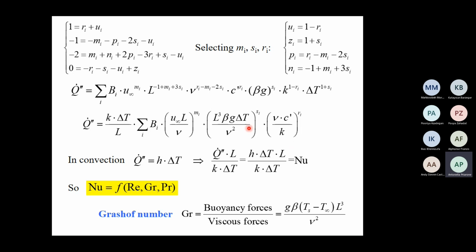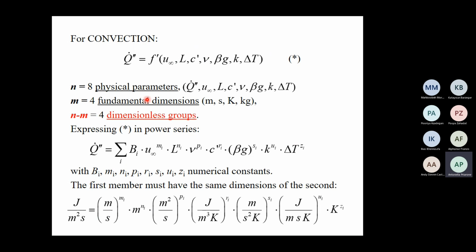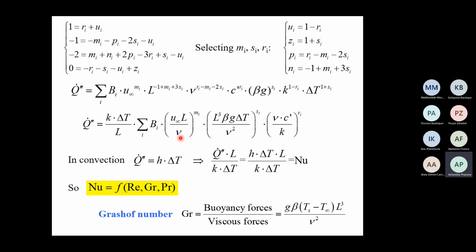And now we know that U is elevated to M. L was to N, but now N for us is minus 1 plus M plus 3S, and I write it here. Ni was to P, but now for us P is R minus M minus 2S, and I write here. And so on for the others.